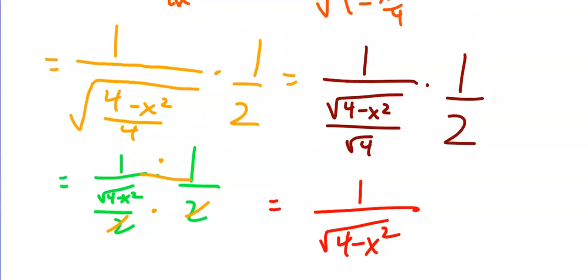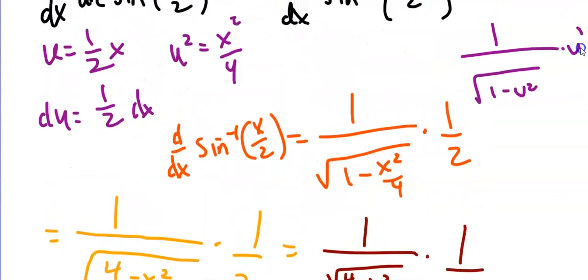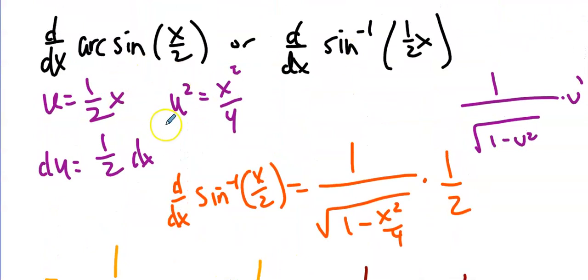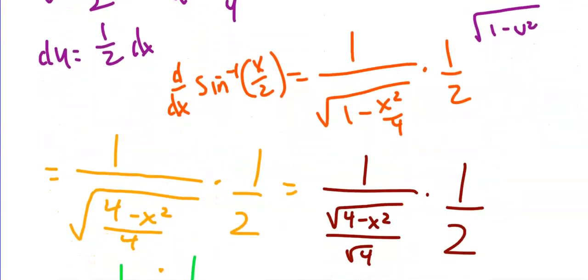So let's really quickly go back up here and see what we just did. Looking at our trig function, which being sine, we wrote our skeleton out. We wrote our u, our du, and our u squared, and then we immediately substituted into our formula. So we have our u squared is x squared over 4, and then u is going to be 1 over 2. We see that we have a fraction inside of a fraction. We don't like that, so the first thing that I do is combine my fractions underneath my radical.